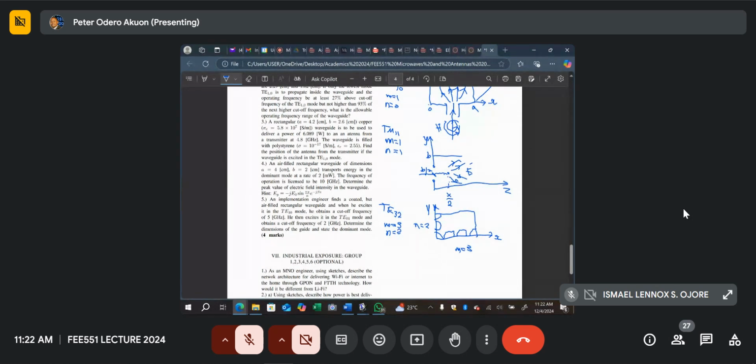This will be 3 half waves. Then it should be 3 all the time.